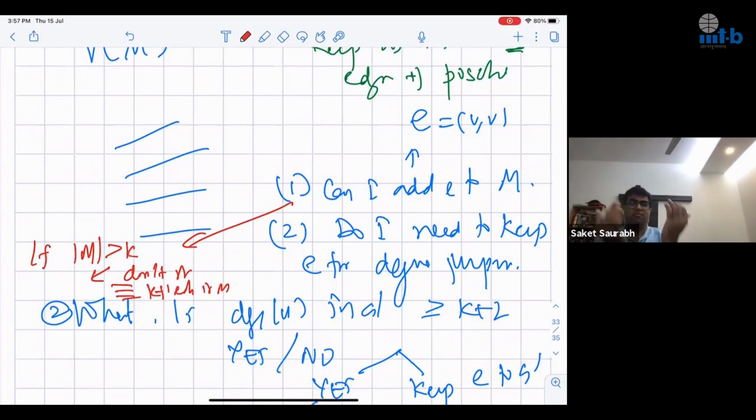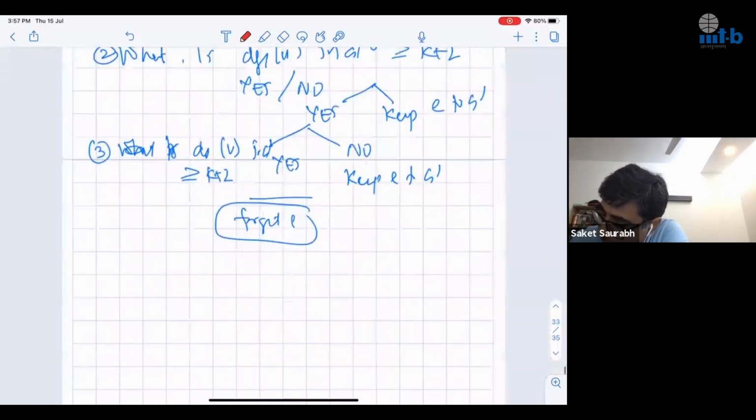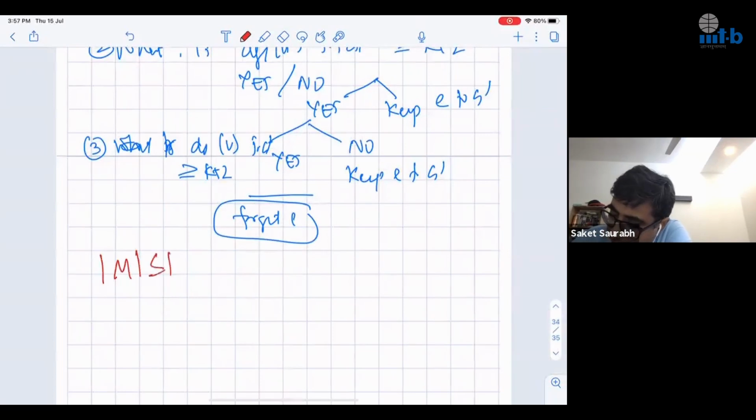Why? Because this K plus 1 matching edges will tell you anyway that G does not have a vertex cover of size K. So you only need to keep these K plus 1 edges and forget everything else. So let's assume that M is at most K, and never grows more than K throughout the process.